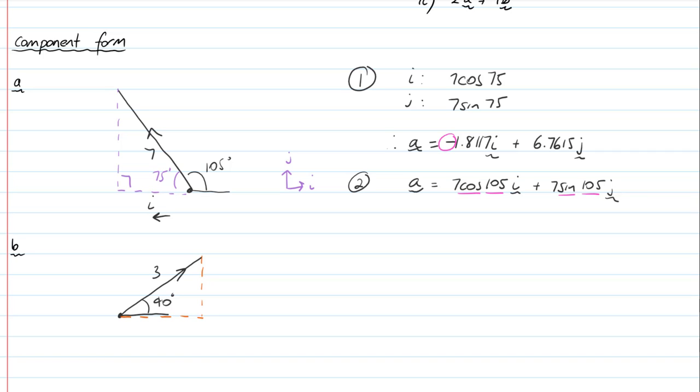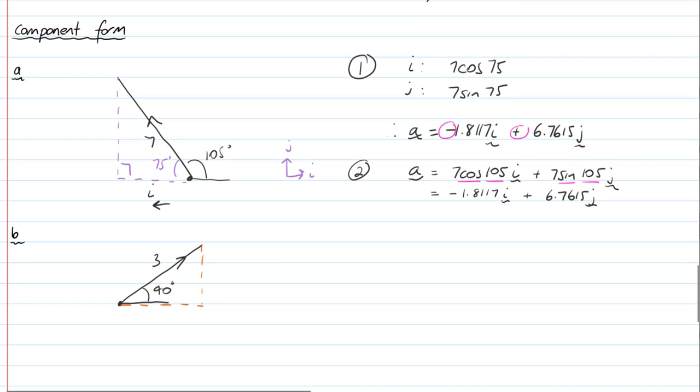Sine in the second quadrant is positive, and that will give us our positive. So your calculator will just automatically push out negative 1.8117i plus 6.7615j. Job done.